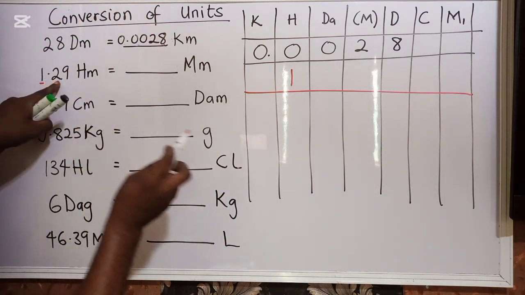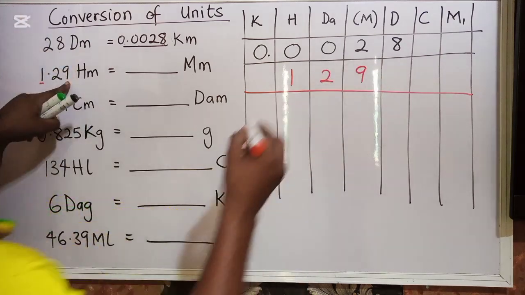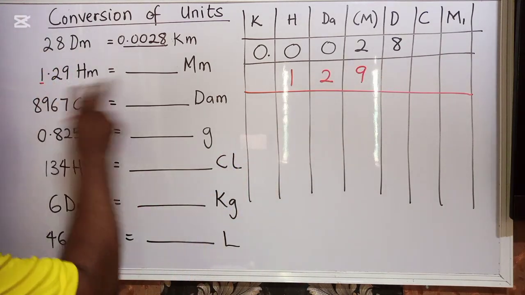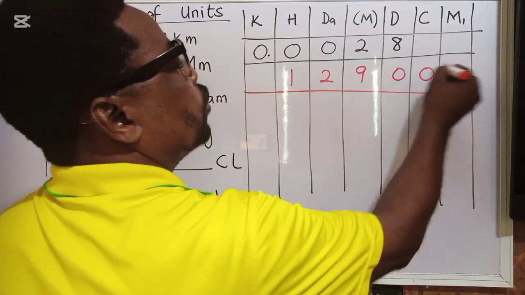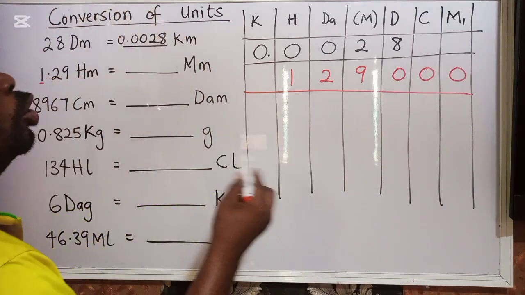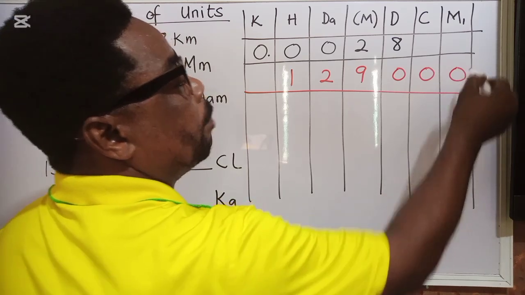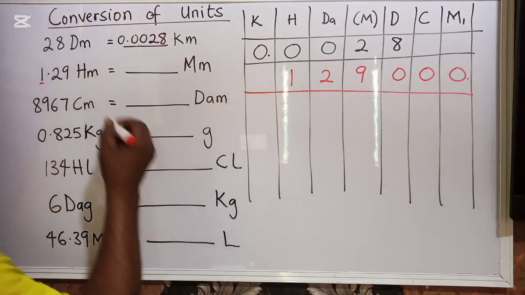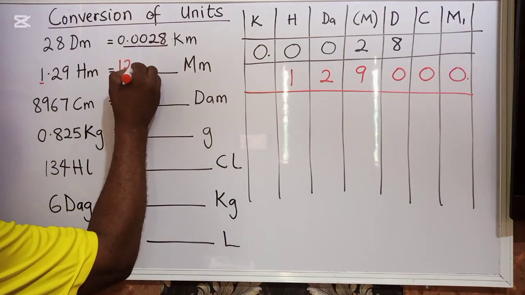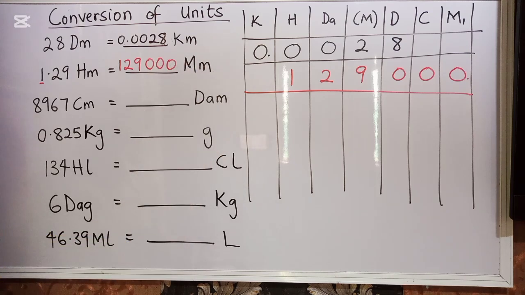Next I have 2, further I have 9, and then I move with zeros. Remember, when you get to your destination you put your point, but a point at the end makes no sense. It changes nothing. So our answer is 129,000 millimeter.